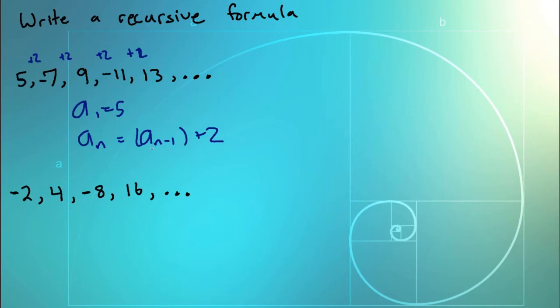If we test that, we would get 5, and then 5 plus 2 is 7, not negative 7. And to get 9, that would be 7 plus 2, but that's a negative 7. So how am I going to get the negative? This checks out except for the negatives.